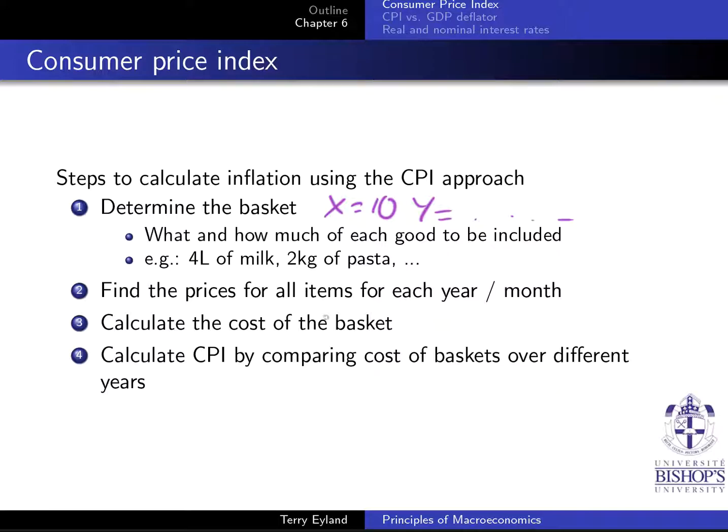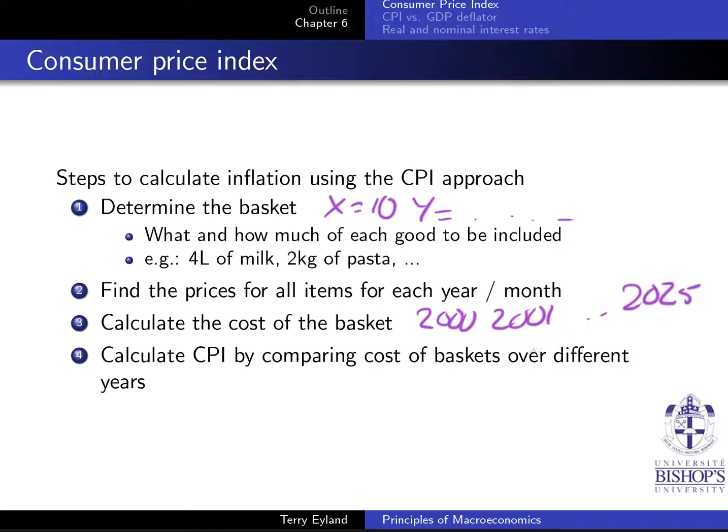You need to find the prices for all the items for each year or month or whatever you're interested in. So you know the basket, you find the prices, and with that, you can calculate the cost of the basket. What's going to be the cost of this basket in 2000? What's going to be the cost of the basket in 2001? And 2025, and so on.